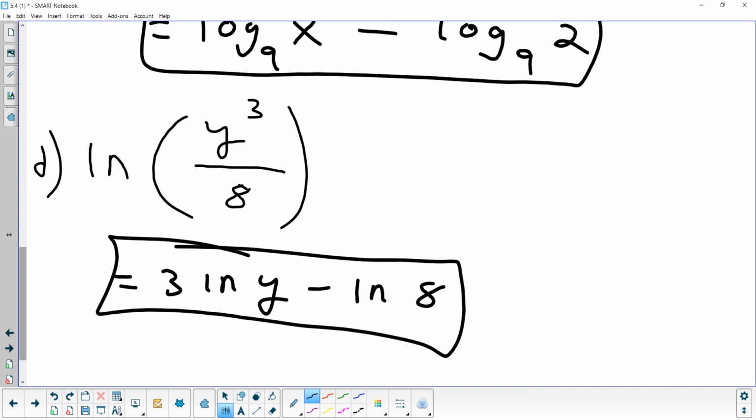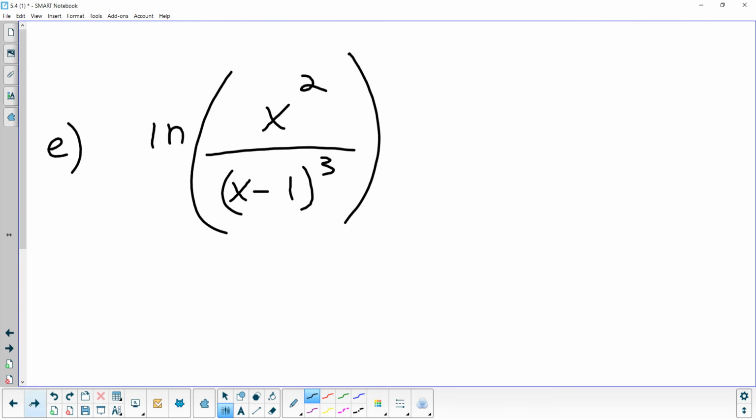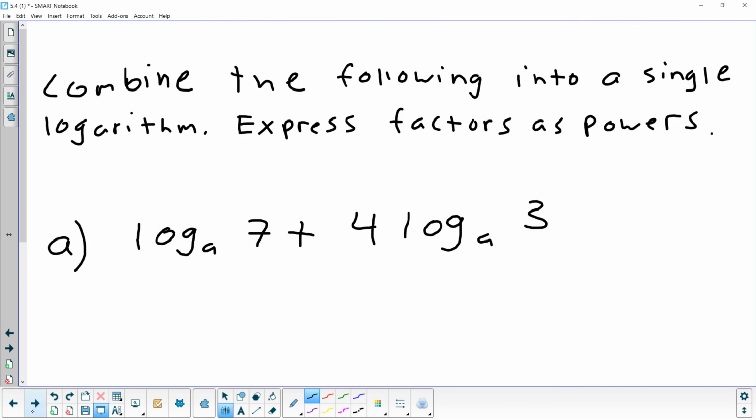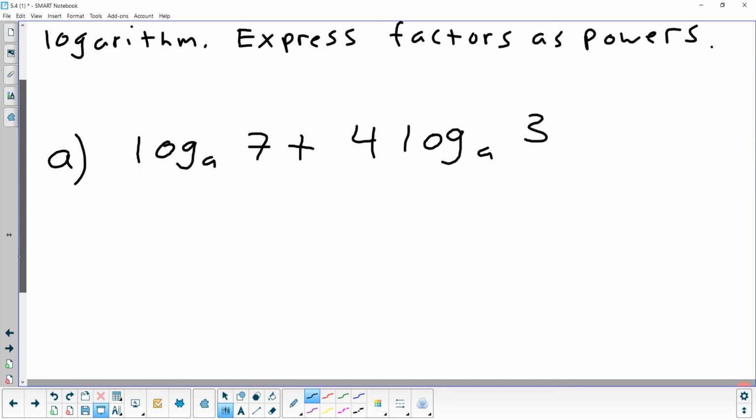Okay, so any questions on that? So that's taking one logarithm and separating it. Now let's try a couple where we reverse it. Take something that's separate and put it all back together. So just do everything backwards.